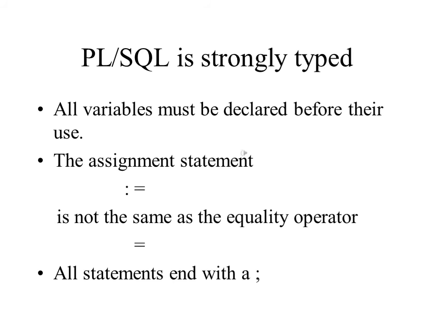Data types in PL/SQL can be scalars such as strings and numbers, or composite such as record types, collection types, and object types. Here all variables must be declared before they are used. The assignment statement is colon equals, and is not the same as the equality operator equals.